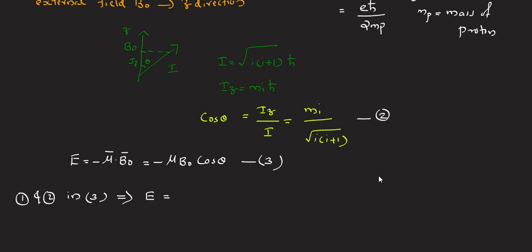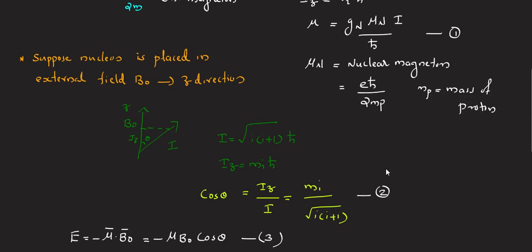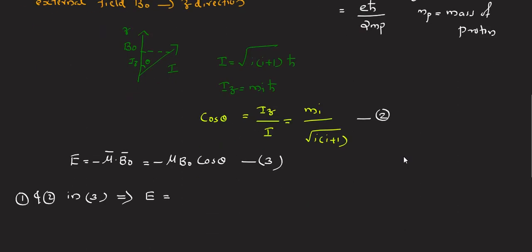What is mu? mu equal to Gn mu n I by h bar, that is minus Gn mu n I by h bar, that is mu, then B0. What is cos theta? Cos theta is nothing but mi divided by square root of I into I plus 1.